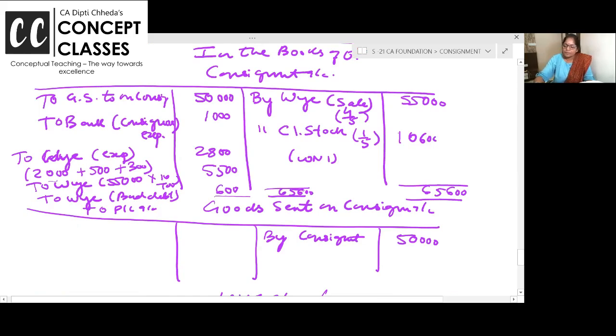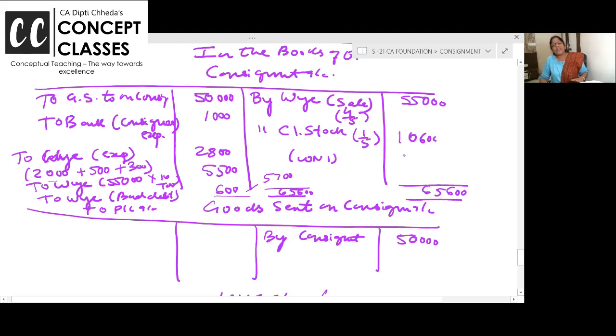Look. 5,700. 5,700 is the profit in this consignment which I have earned after taking all the expenses and commission of mine, the consignor's and consignee's expenses, and taking out the closing stock. Out of stock, take out closing stock, the rest is cost of goods.